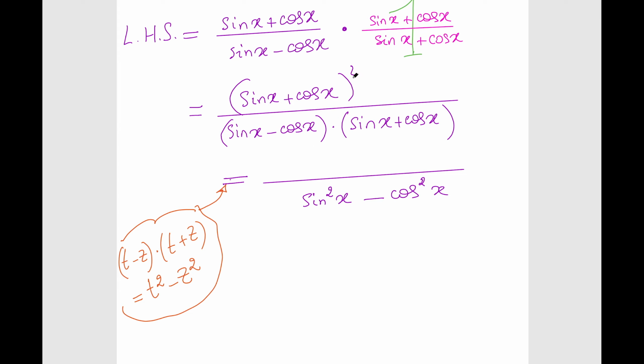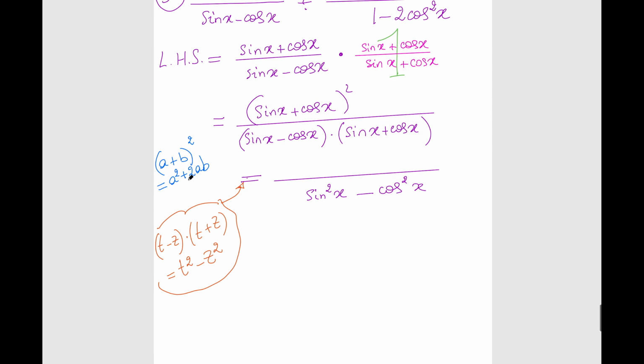And upstairs, let's use a different color for this. Upstairs, it looks like the square of a sum, right? I'm talking about sine x plus cosine x squared. This looks like a plus b squared. Okay, and also we've done it above. This is a squared plus 2ab. That's the term I wanted to see from the get-go, right?